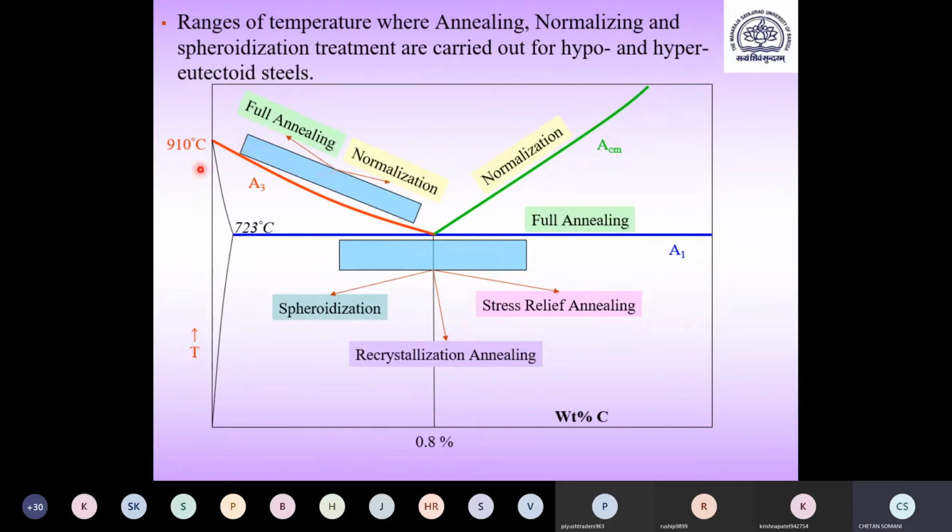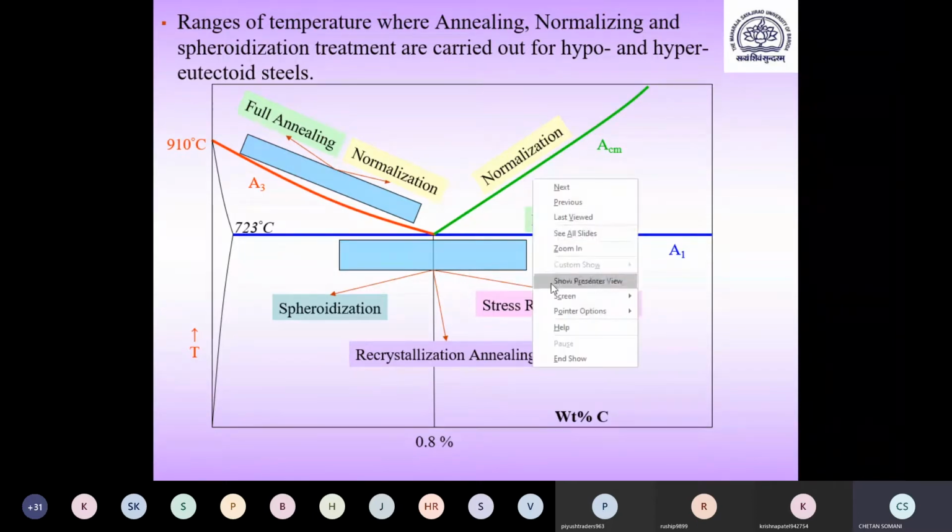Above 800 degrees temperature and up to 950 or 1000 degrees temperature. Where do you have normalizing? Starting from 850 or 800 degrees centigrade and going down. So you get normalizing. Again, if your material is hypereutectoid, the normalizing can be done along this line. What is the meaning of this line?